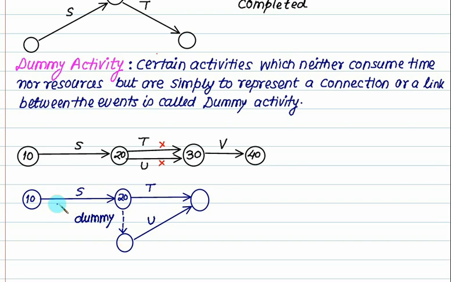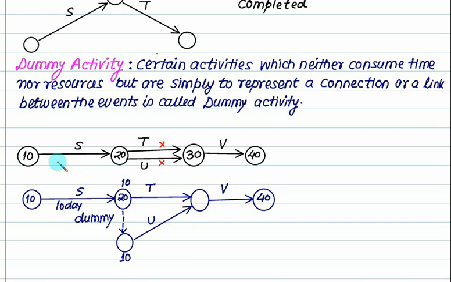Suppose this activity takes 10 days, it means that you will be available at 10 days, and this will also be available at 10 days. So after 10 days, can we start T and U both? So the multiple arrow from two nodes is avoided, and once you finish T and U, can we start activity V? So we can very well start activity V now.